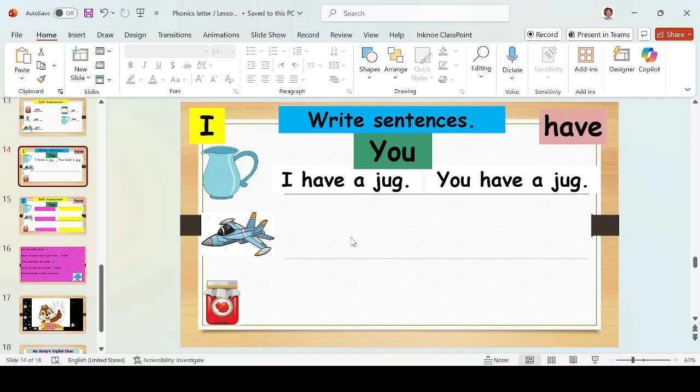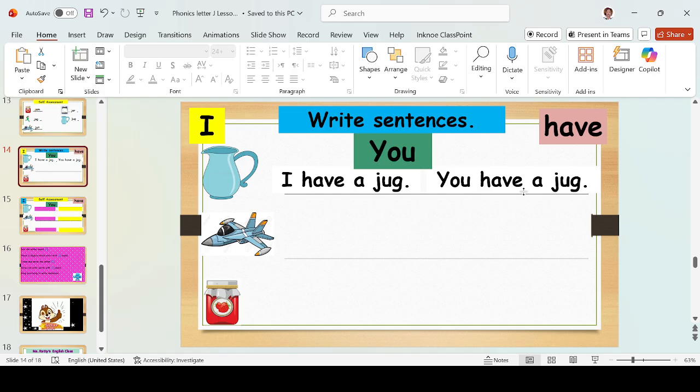So draw your 3 pictures. You can pause the video and draw them. When you are done, we are going to write the sentences. I want you to write, I have a jug.